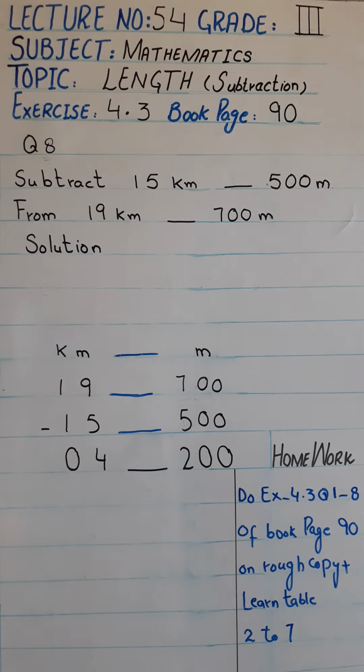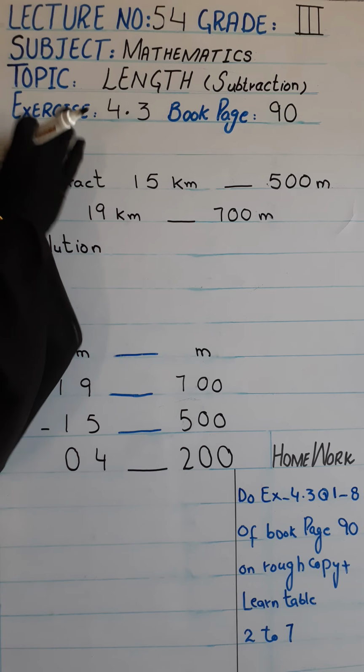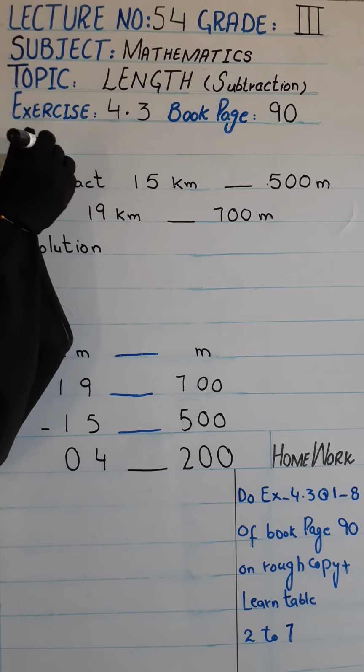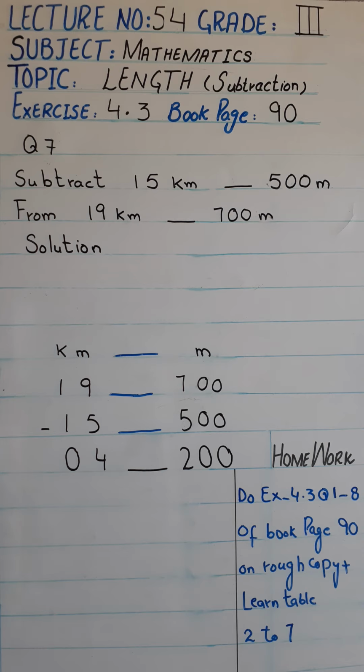Clear? And we write the statement. Answer of subtraction is called difference. This is question number 7, not question number 8, students. Solve question number 7 with me, not question number 8. So the answer of subtraction is called difference.